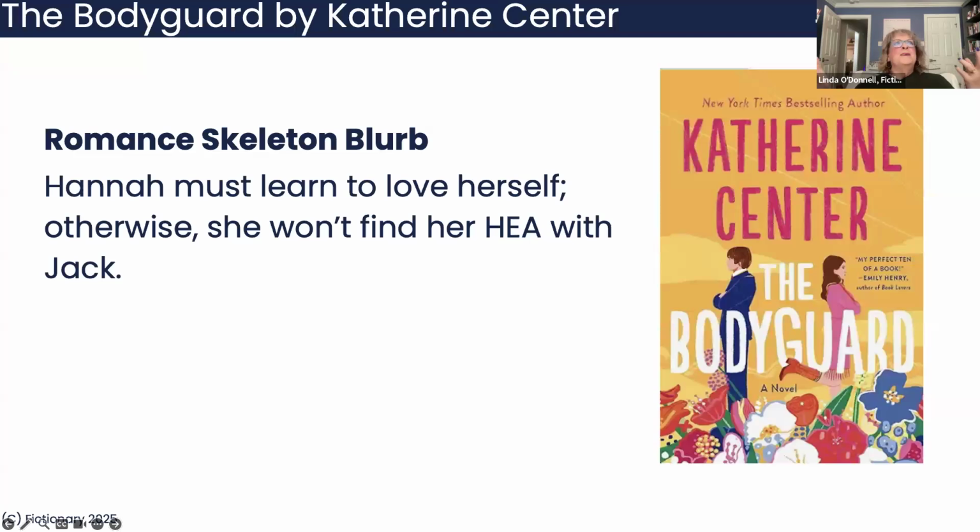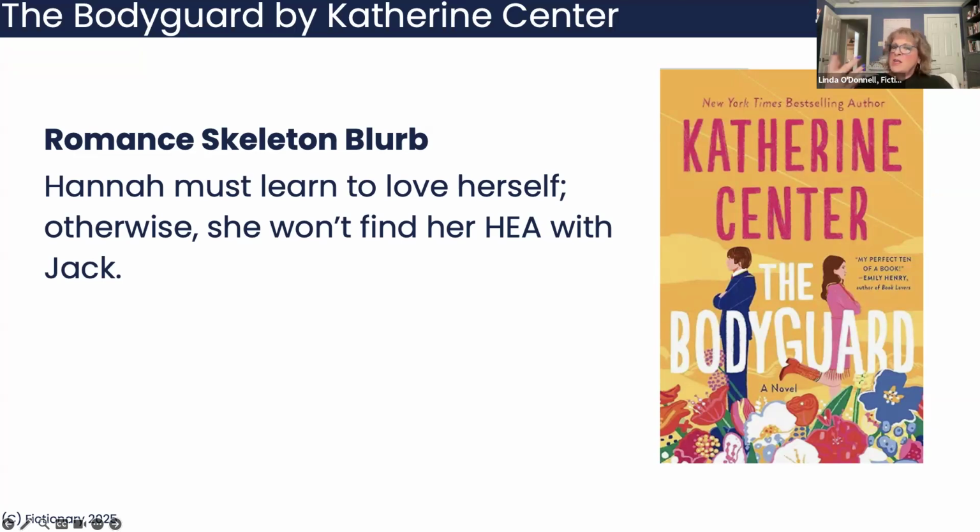She's had a bad breakup. Her father left when she was young, and so she just doesn't have confidence in herself, and she feels very unlovable. And let's face it, if you don't love yourself, it's going to be really hard to love in a relationship. So her skeleton blurb for the romance is that Hannah must learn to love herself. Otherwise, she won't find her happily ever after with Jack.